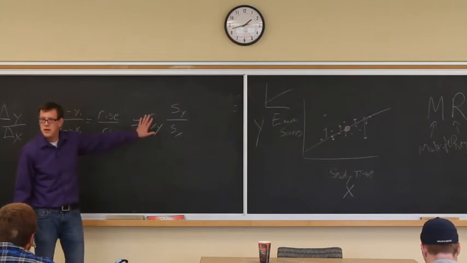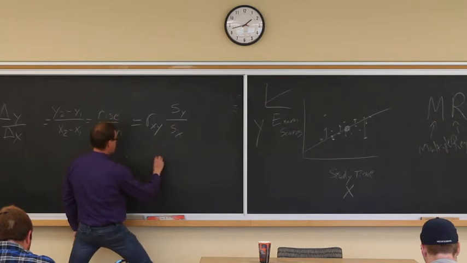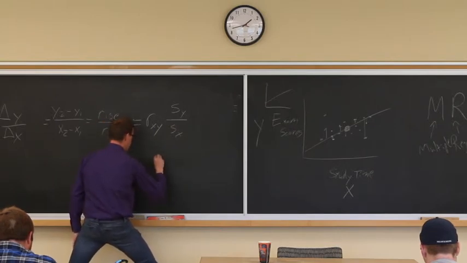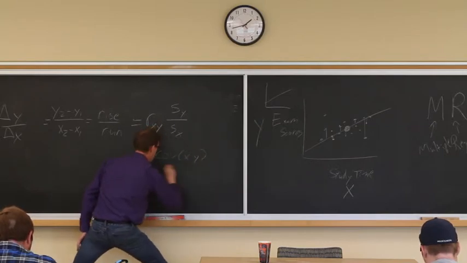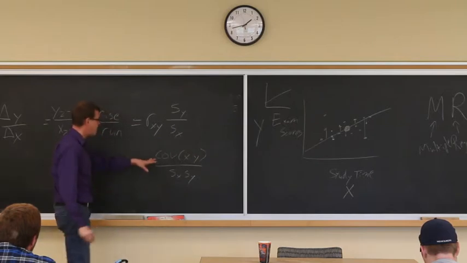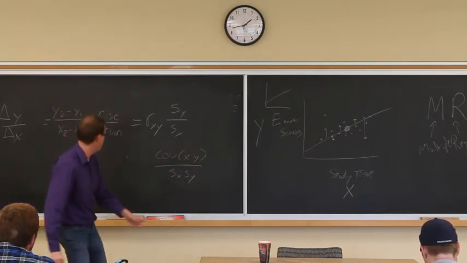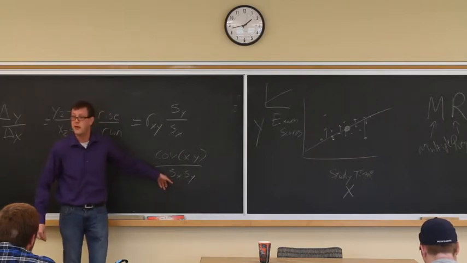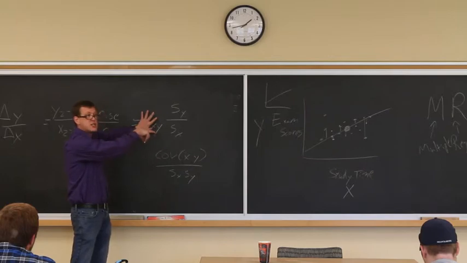Think about this. A correlation, if we think about the formula for it, is the covariance of x and y all over Sx times Sy. And what I said before is that this covariance is how much they vary together compared to how perfectly they could vary together. If they varied perfectly together, R would equal 1, and you would be fine just with this, right?